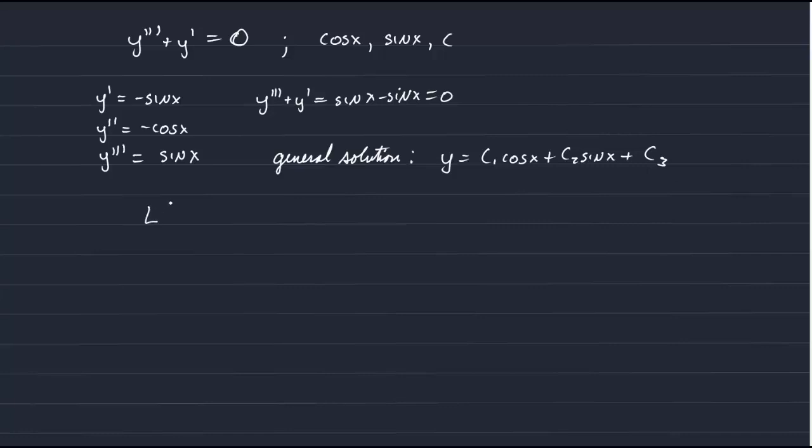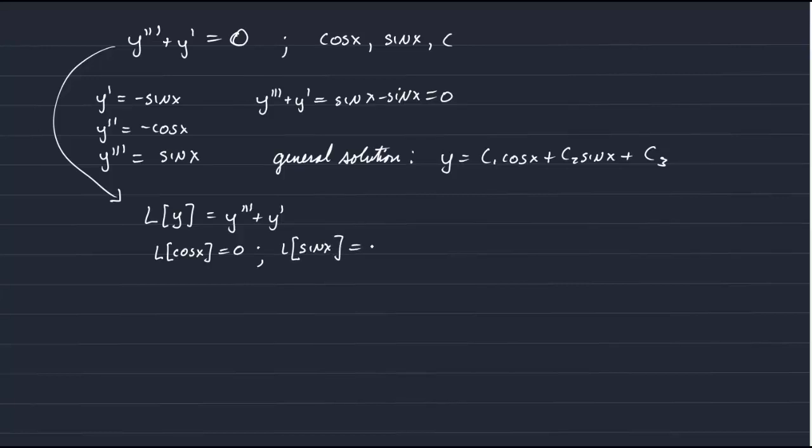And again, just to use the notation we used before, if our equation is described as the linear operator L on y, which is equal to y triple prime plus y prime, we just showed that L operated on cosine x gives 0. You could show yourself that if you operate L on sine x, you'll get 0.